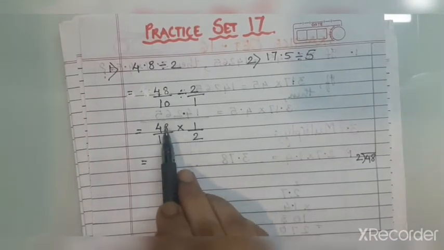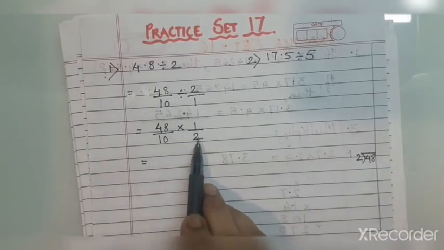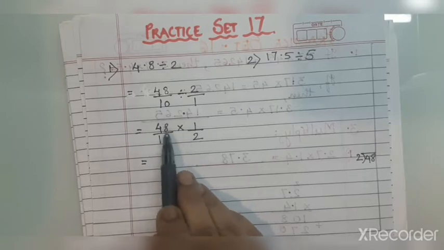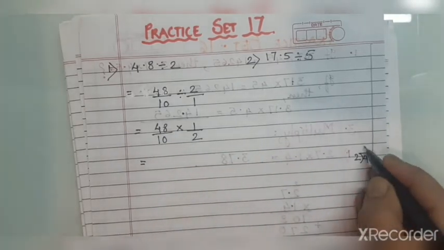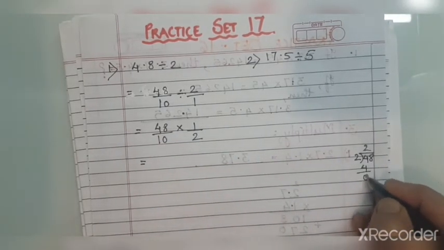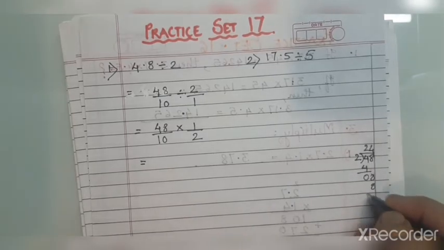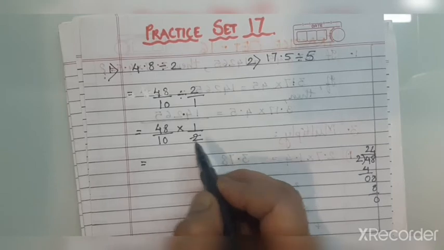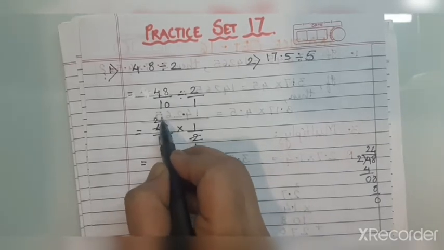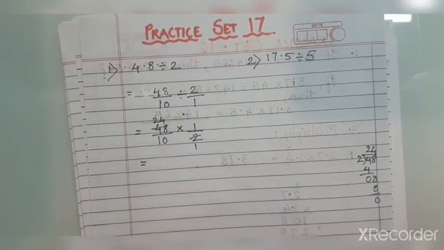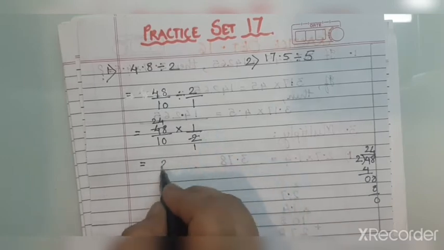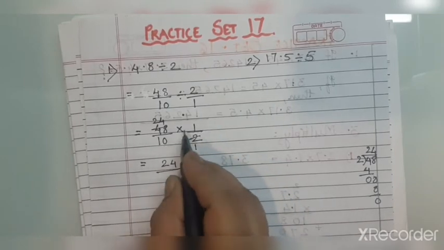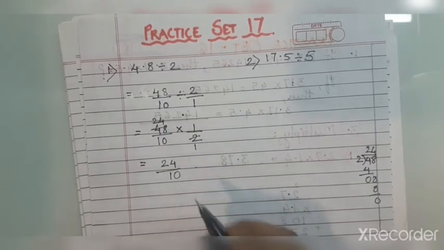Since 2 is in the denominator, 4 is in the numerator, we have to divide. So 2 2s are 4 and 2 4s are 8. Or we can do it directly here. 2 1s are 2, 2 2s are 4, 2 4s are 8. Okay, now 24 ones are 24 and 10 multiplied by 1 is 10.